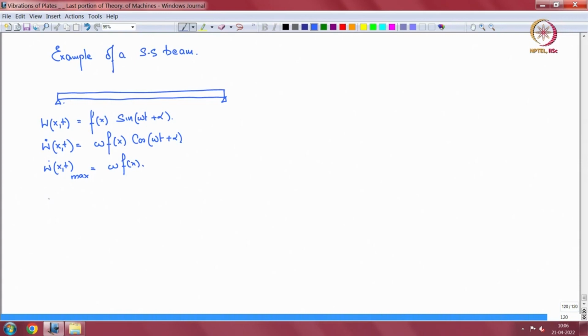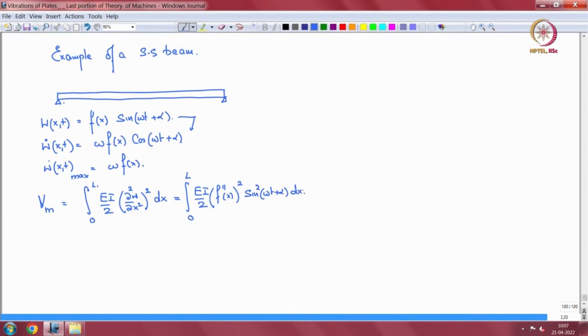Now if we compute the strain energy in the beam, that is the integral from 0 to L of E I by 2 times the square of del 2 w by del x square, dx. Bringing in this function, that is equal to the integral from 0 to L of E I by 2 f double dash of x whole squared sine squared (omega t plus alpha) dx.